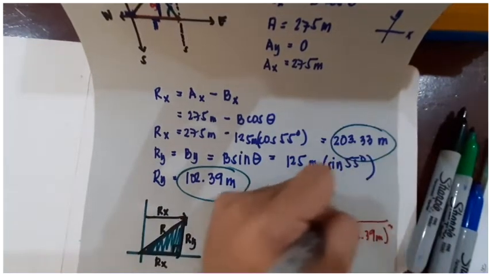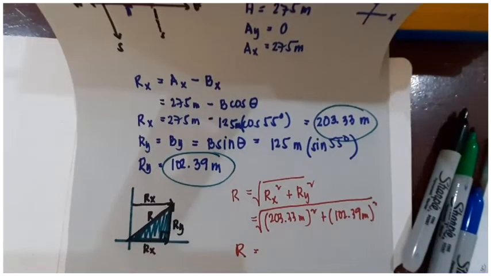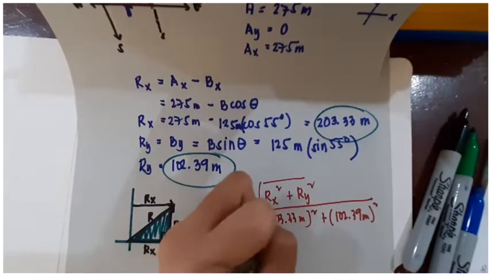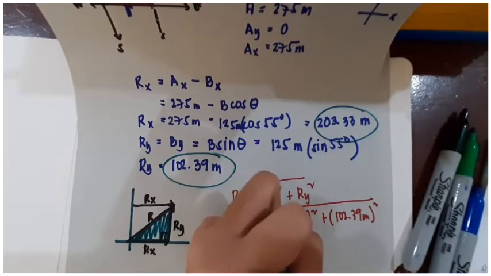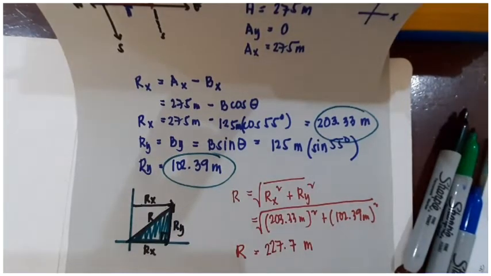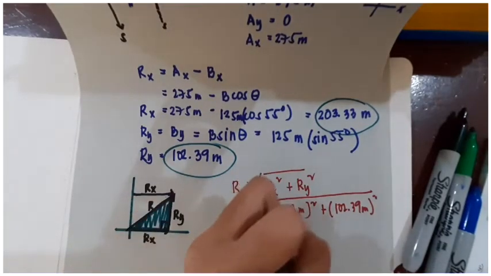Then, square root. Your r now is equal to 227.7 meters. Okay, so meron na tayong magnitude ni resultant vector.